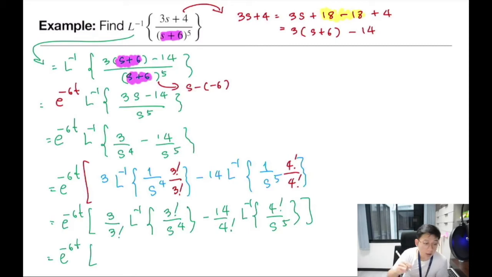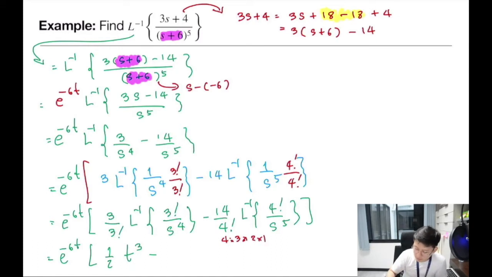Here 3 factorial is actually 6, right? So you get 1/2 of L inverse of 3 factorial divided by s to the 4. That would be t to the 3, right? Minus 4 factorial. 4 factorial here is actually 4 times 3 times 2 times 1, right?